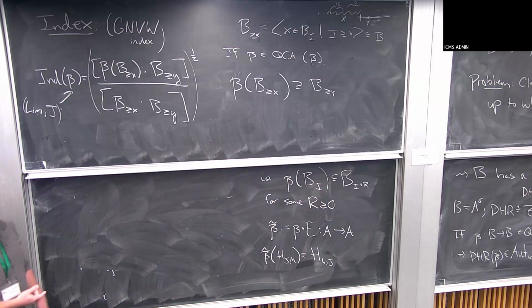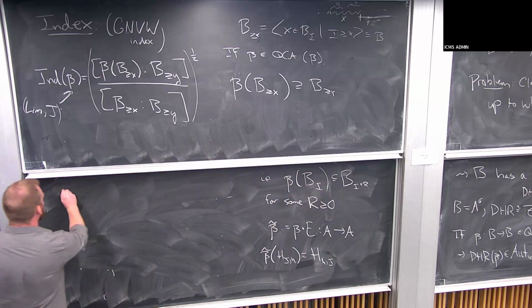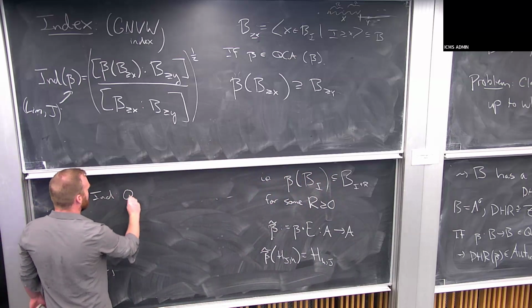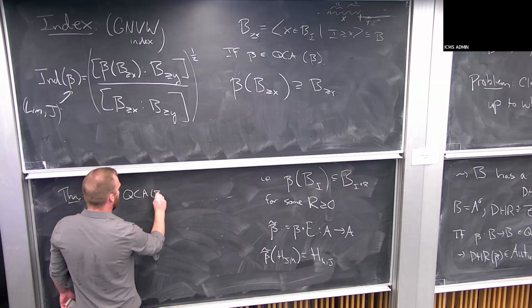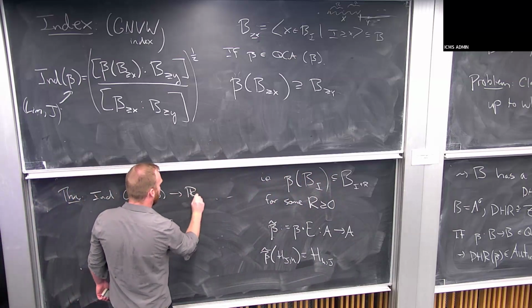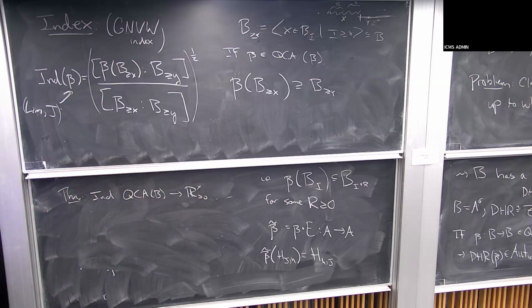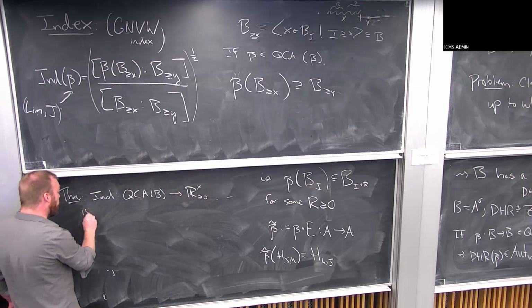So we were like, okay, we need some version of this. And so the theorem is that the index from QCA B to R greater than 0 under multiplication, this group of positive real numbers with multiplication, is a homomorphism.